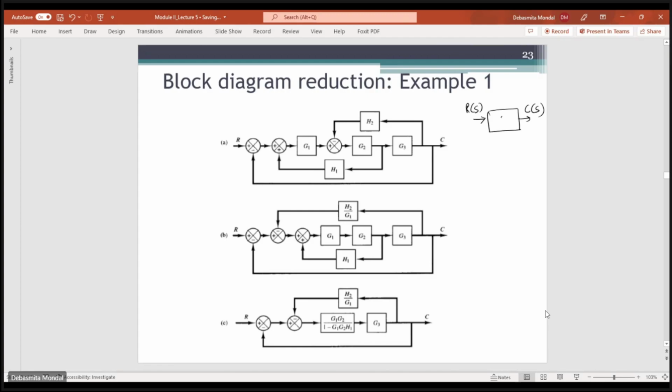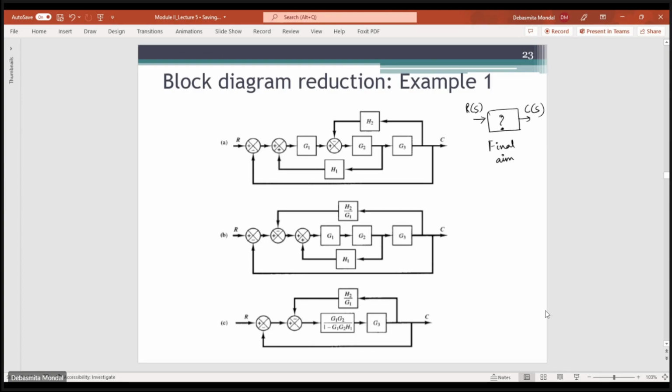This is the final goal, and you have to find what is the value of this block. This is the final aim. In order to represent the whole block diagram, you want to reduce it and find the equivalent transfer function of the overall system.